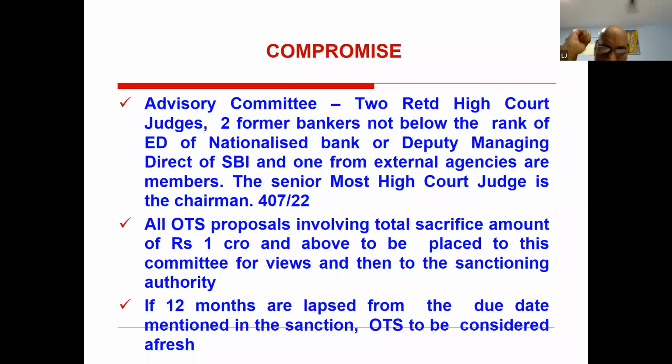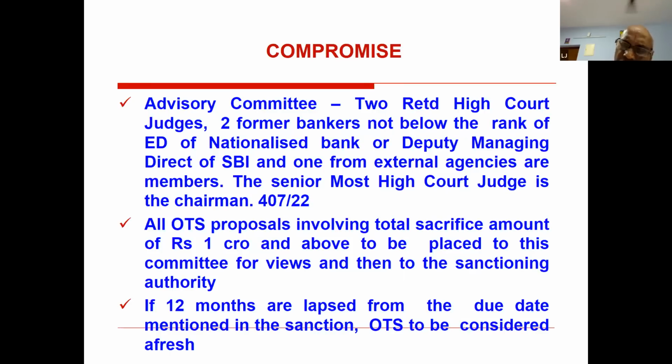And what is the role of the advisory committee? How many members are there in the advisory committee as on date? Two retired high court judges, two former bankers, not below the rank of an executive director of a nationalized bank, or if from State Bank of India, not below the rank of deputy managing director of SBI, and one person from some external agency.